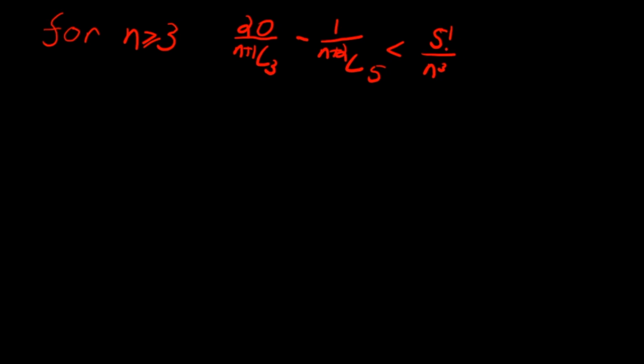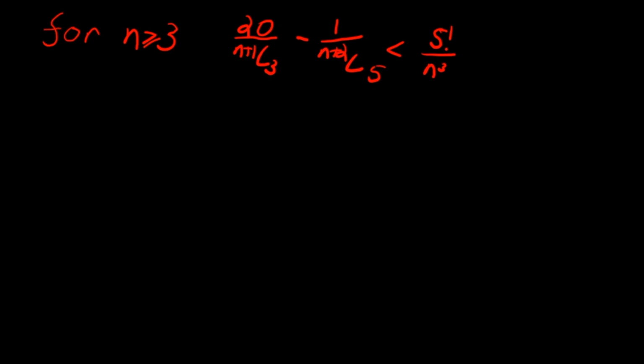Okay, so the second inequality that they want us to prove is true is that 20 over (n plus 1) choose 3 minus 1 over (n plus 2) choose 5 is less than 5 factorial divided by n cubed. So I suggest that we take the same approach with this inequality as we did with the last one. So first, let's change the (n plus 1) choose 3 notation into factorials.